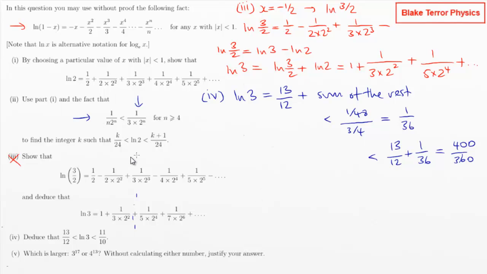So what can we actually say then? Rather than doing this 1 over 3 times 2 to the n, maybe go 1 over 5 times 2 to the n. I mean, that would work, wouldn't it? Because if we're doing 1 over 5 times 2 to the 4, we could change this 3 to a 5 in this inequality.